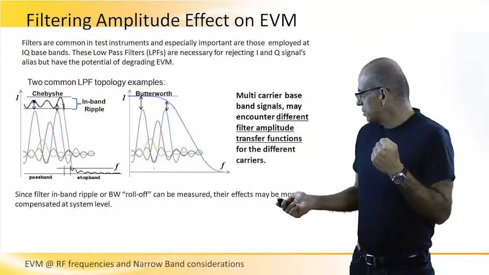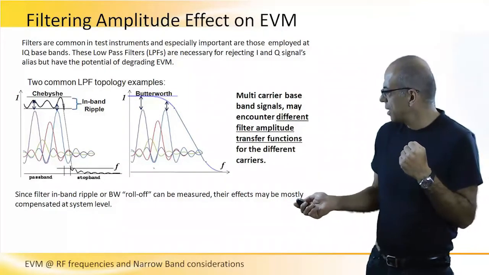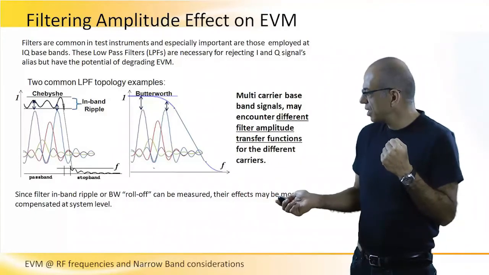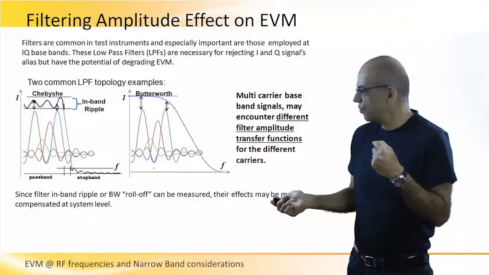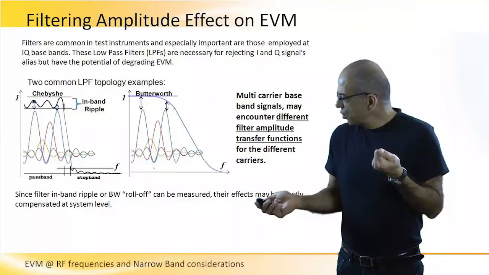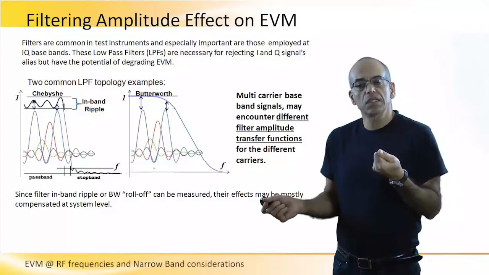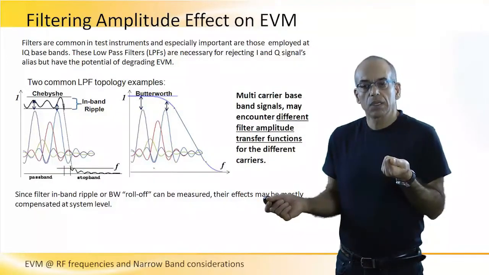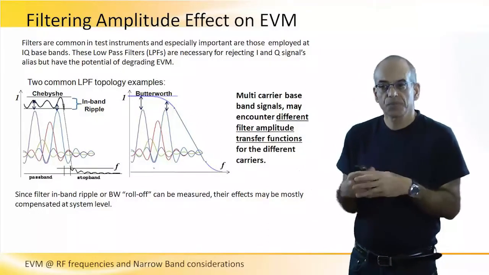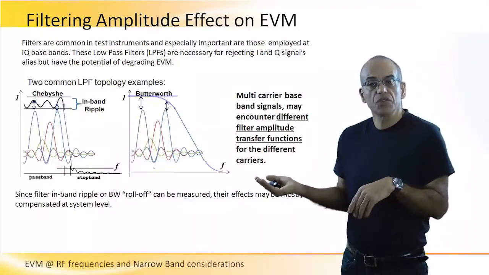So after covering noise and linearity, and spurs, we can talk about filtering in baseband, and the amplitude effect on the error vector magnitude. We use filters in baseband to define the RF bandwidths of interest, and to reject blockers in the receive mode.